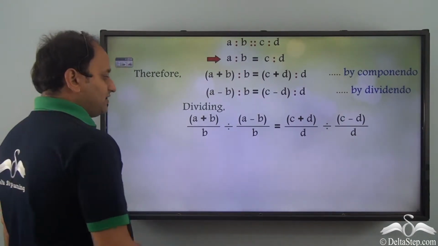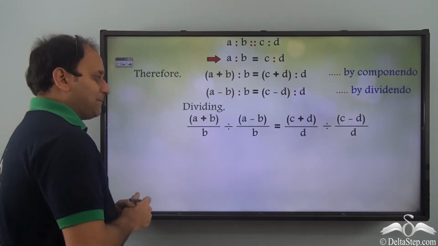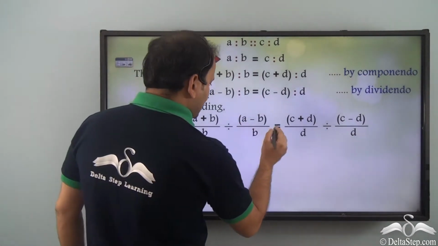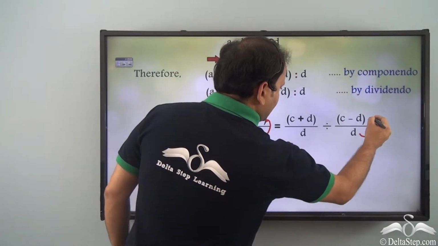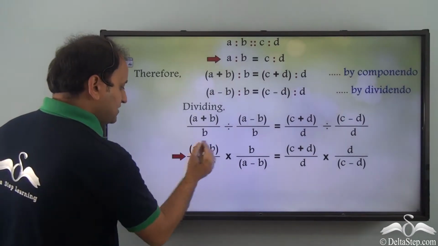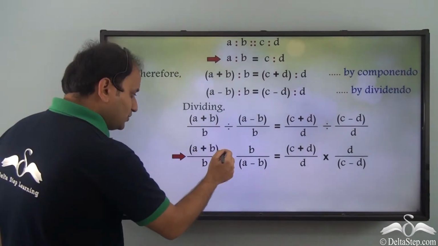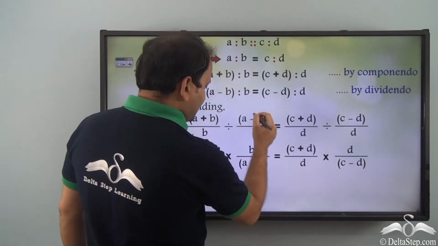Now, what if we convert this into multiplication? So what will happen? Well, this value will get inversed, even this value will get inversed, right? So if we write A plus B by B into, that is, we convert this into multiplication, then this gets inversed.